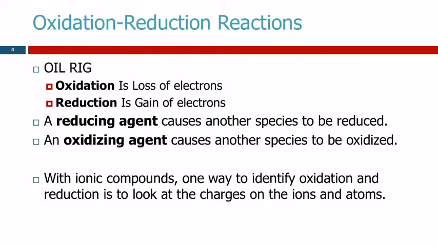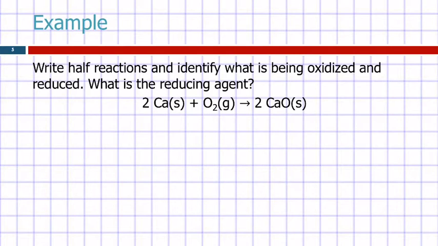Loss of electrons. Oxidation is loss of electrons. So the zinc was oxidized. So let's look at this example. Write half reactions and identify what is being oxidized and what's being reduced. And then it's also asking us to identify what is the reducing agent.